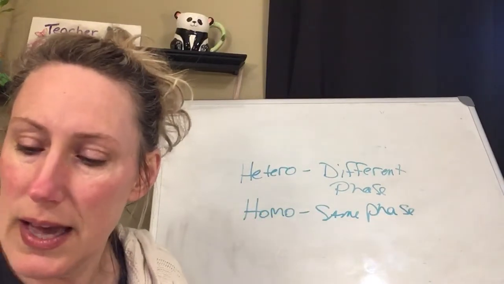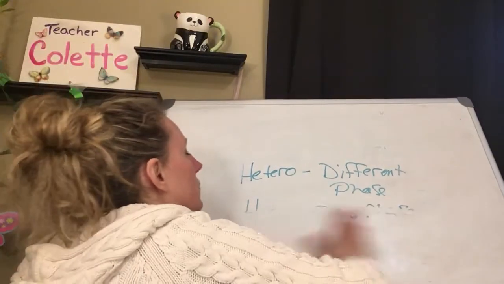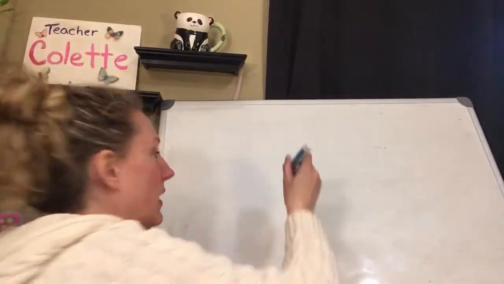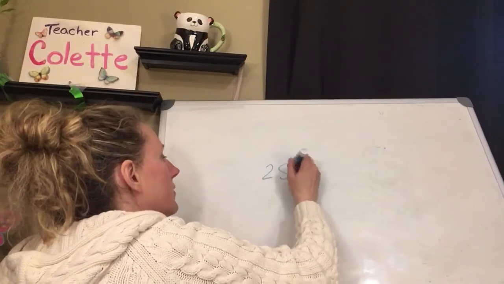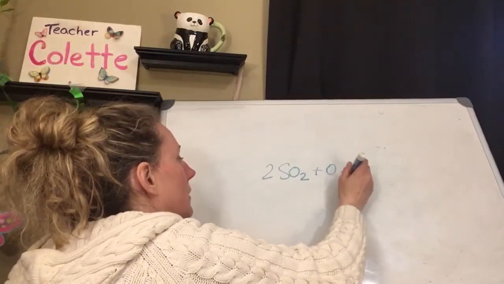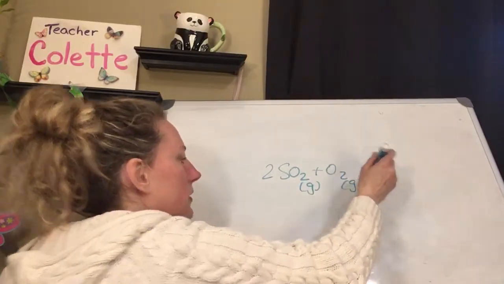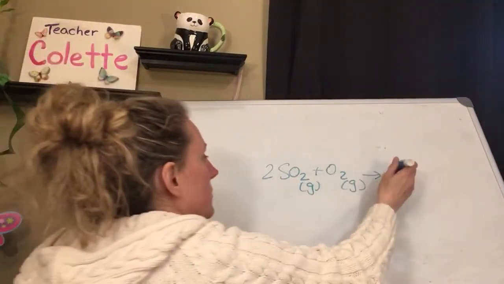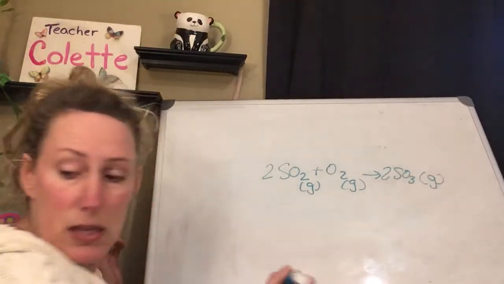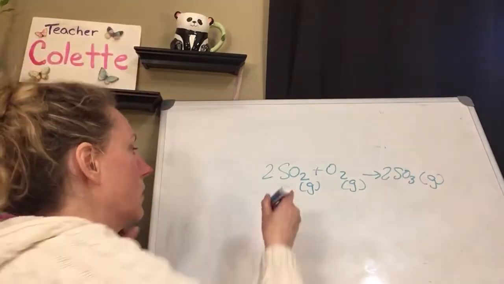So if you look at the reaction mechanism on page 483, again, this is a homogeneous catalyst. You have 2SO2 plus oxygen, and this is a gas, and this is a gas, and it turns into 2SO3, which is also a gas. So what I can do is I can add another gas, 2NO.